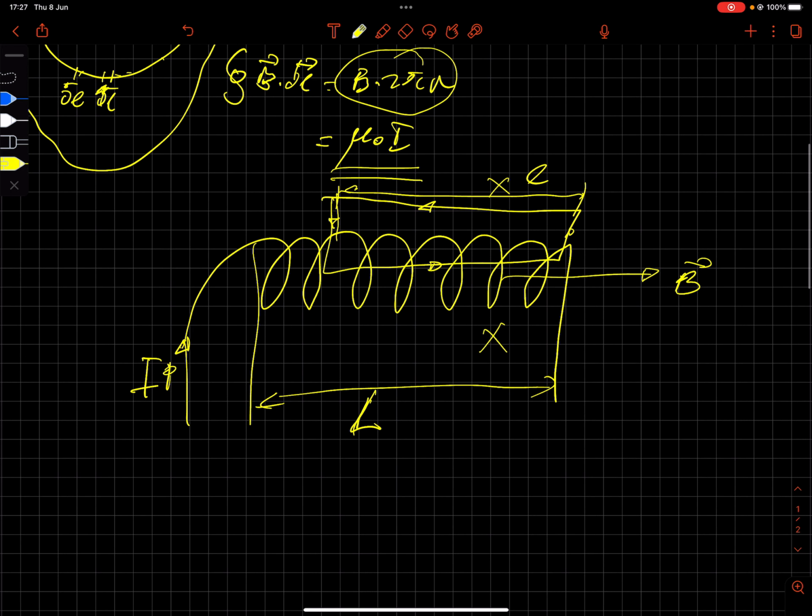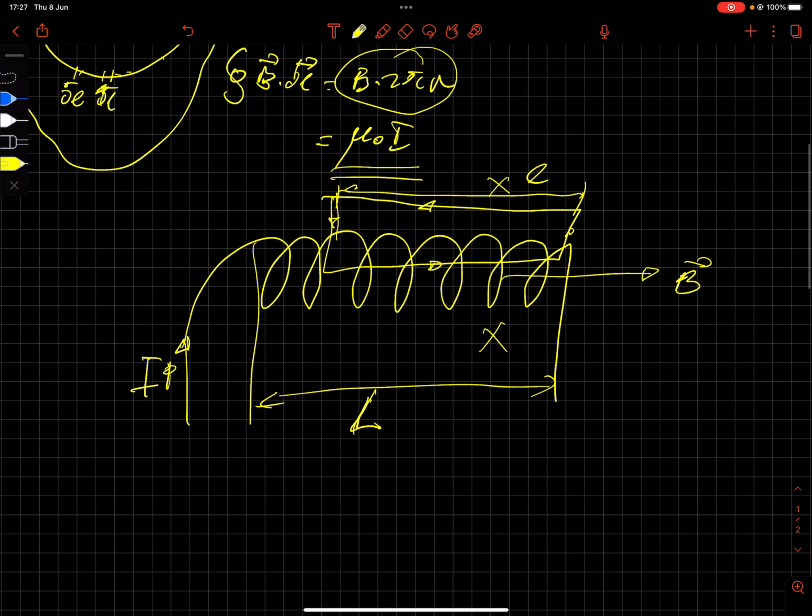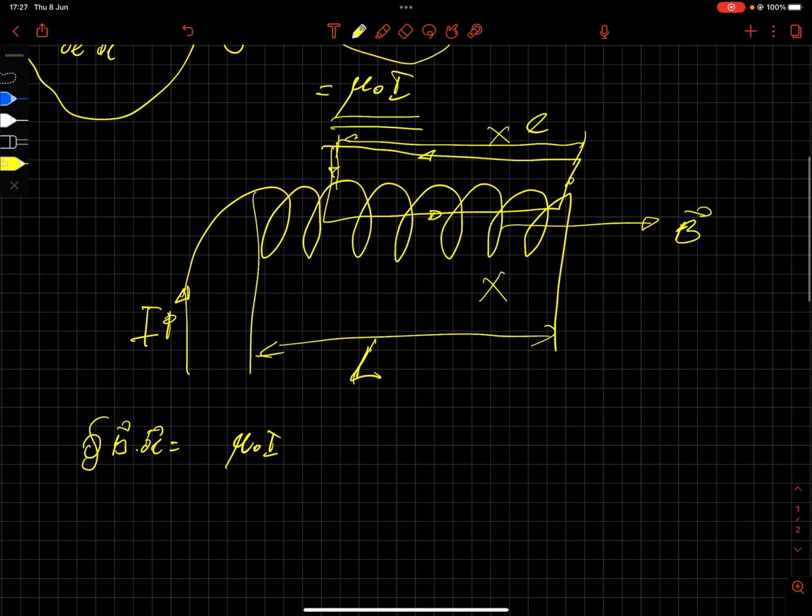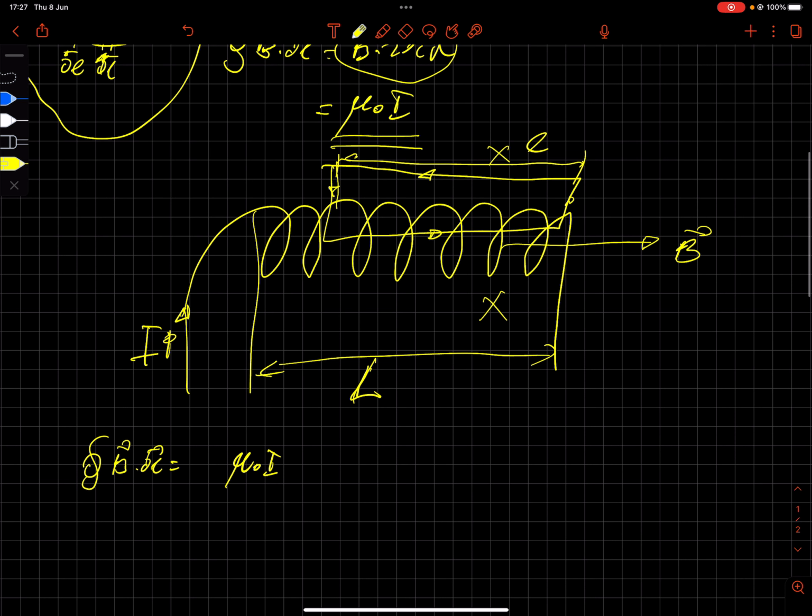And now let's try to apply Ampere's law. So we have a line integral of B times dl, it's equal to mu 0 times the current which goes through this surface.